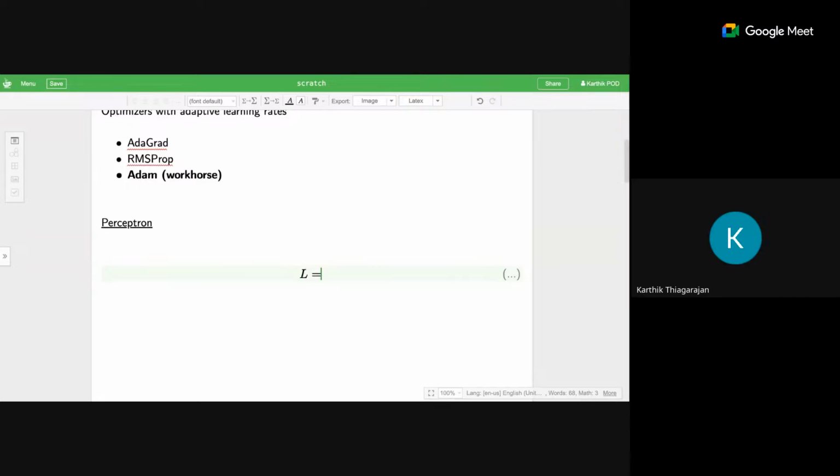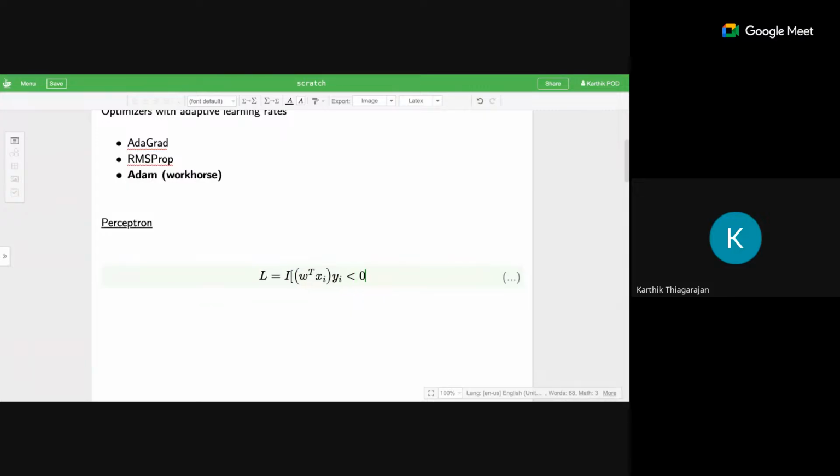So you have the indicator function of W transpose Xi, Yi. That should be greater than 0. So if it is less than 0, then you are making some error, right?